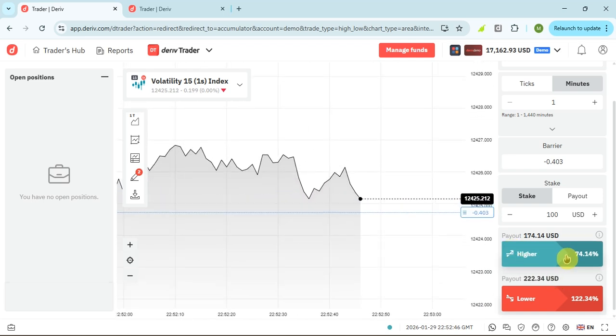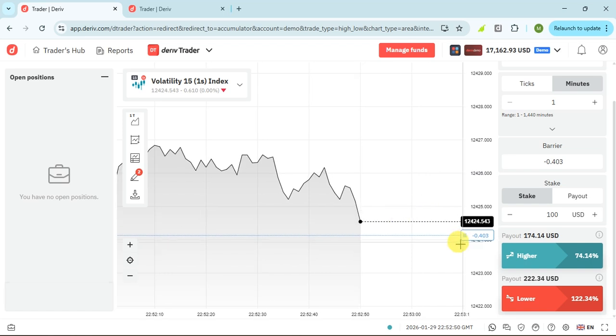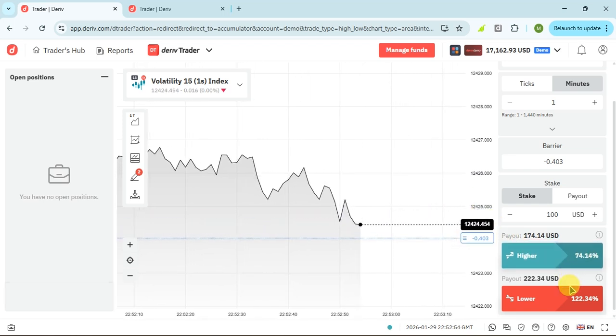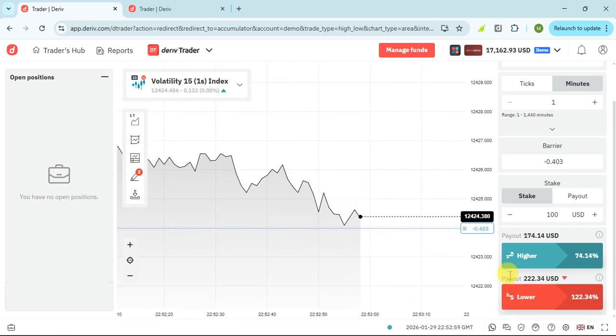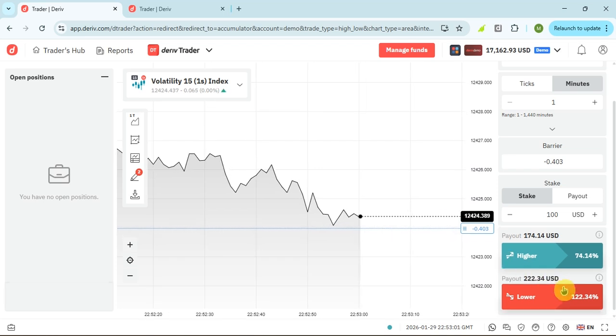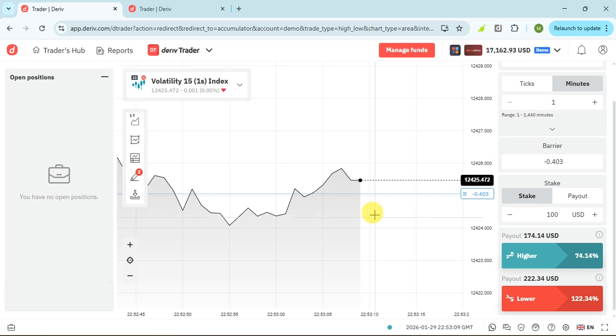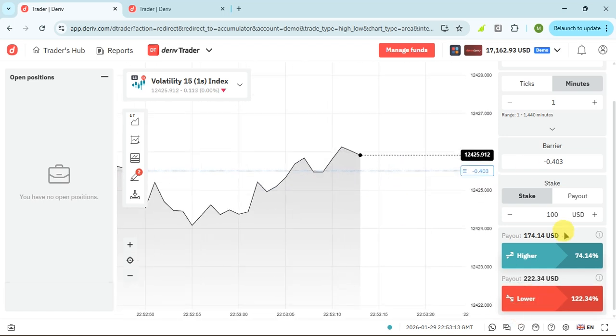So here, when you predict higher, you mean that the price will stay above this barrier. And when you predict lower, the price will stay below this barrier, and then you will win that contract. So that is how this works. After predicting where the market is going, you just need to press lower or higher.